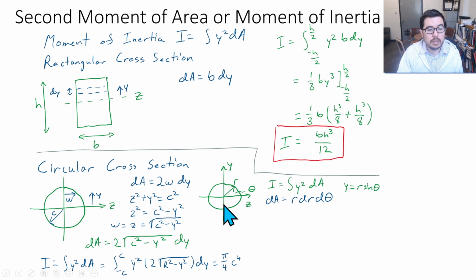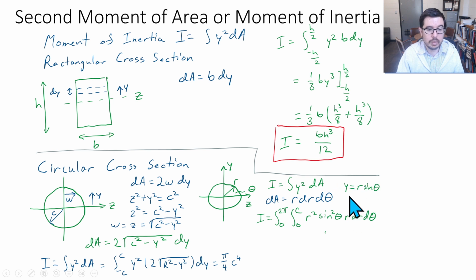And this comes from calculus, and also is going to be what we use in the integral. So I is equal to the integral from 0 to 2 pi, 0 to c, of r squared sine squared theta, r dr d theta.